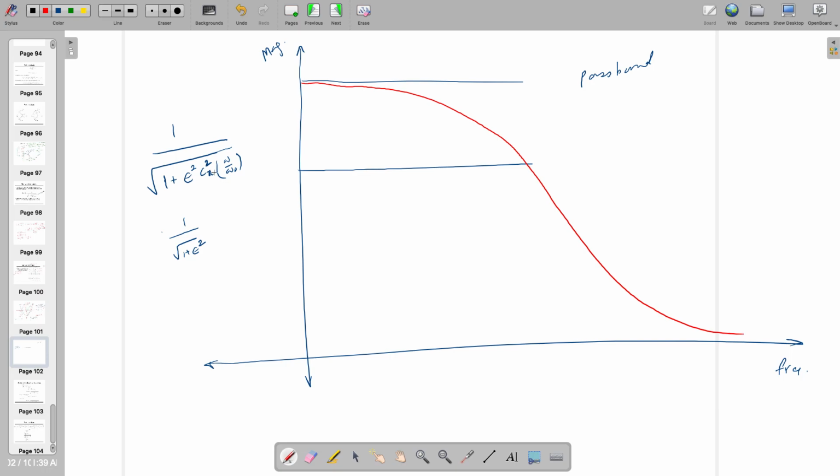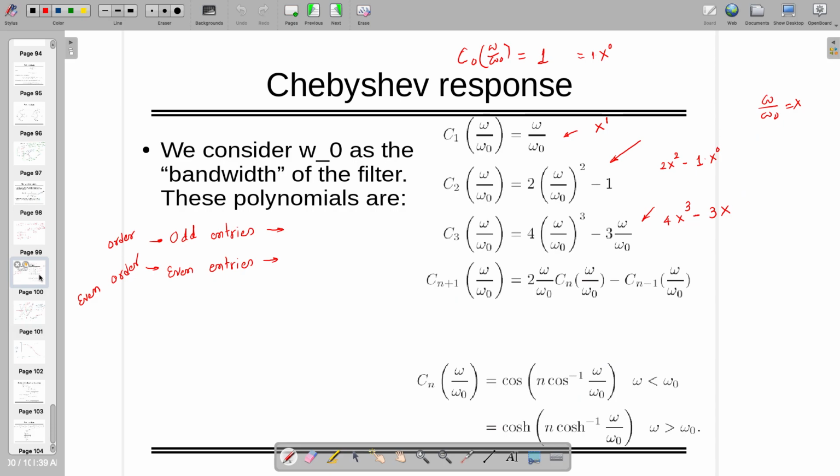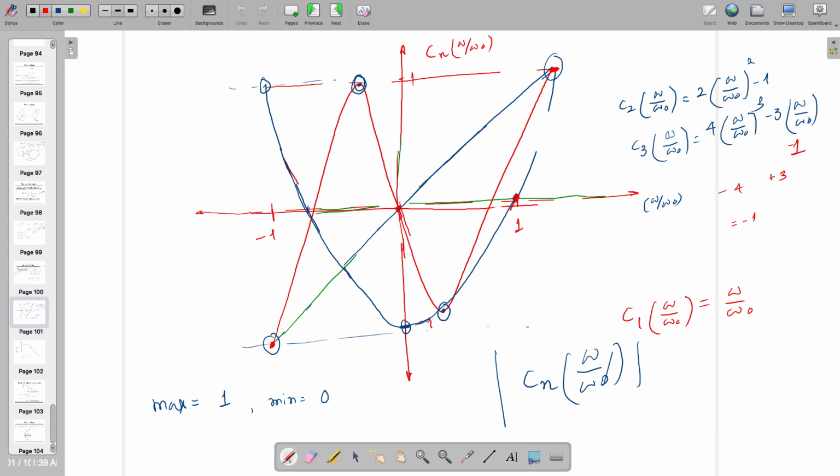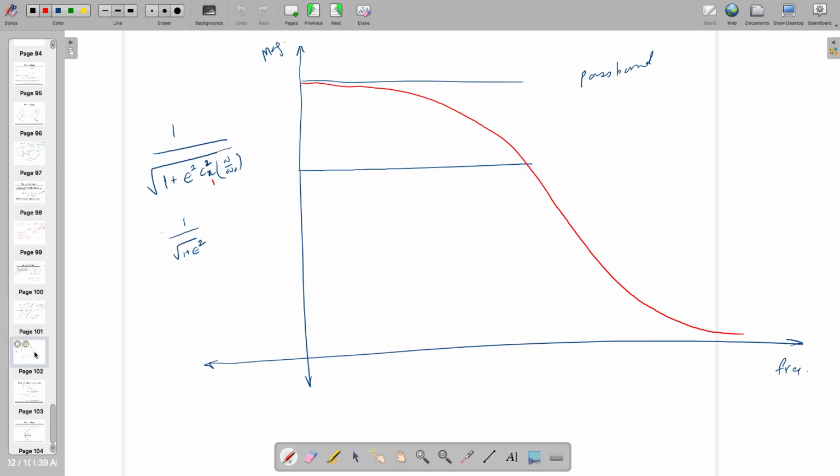But in the case of first order, where it is omega by omega naught, we are seeing this kind of response. So here you are going to see this kind of response for first order.